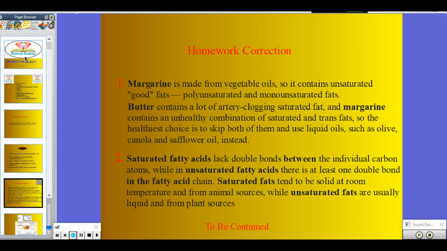Butter contains a lot of artery-clogging saturated fat, and margarine contains an unhealthy combination of saturated and trans fats. So the healthiest choice is to skip both of them and use liquid oils such as olive, canola, and safflower oil instead.